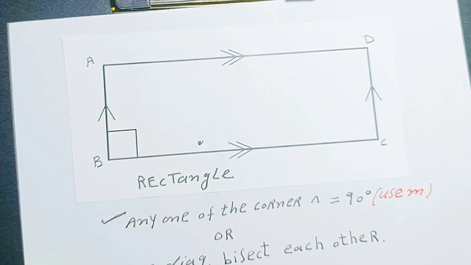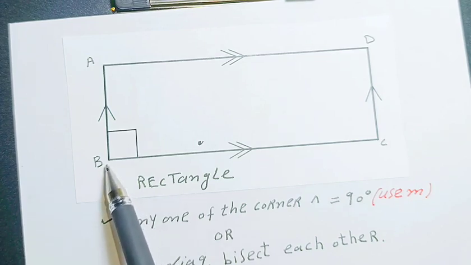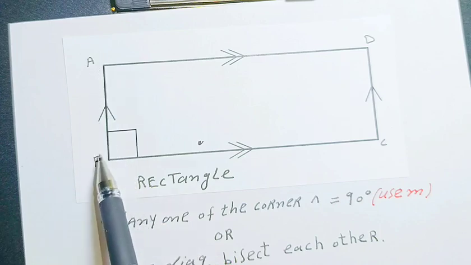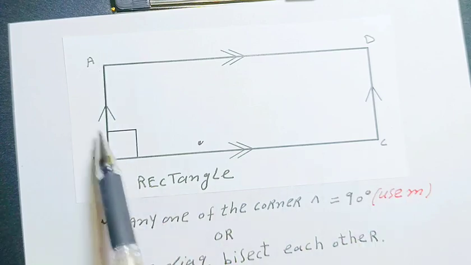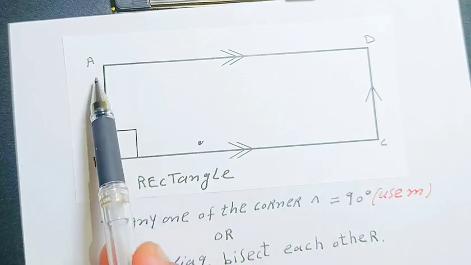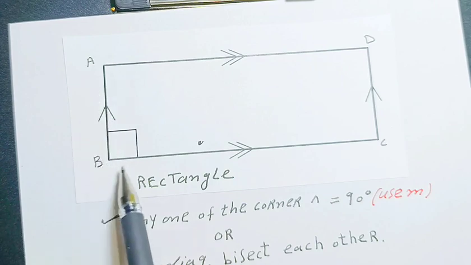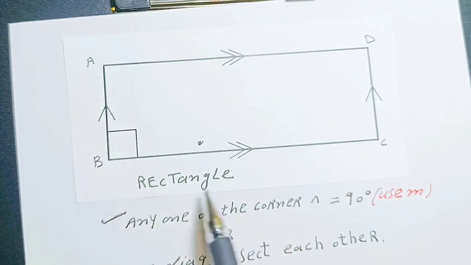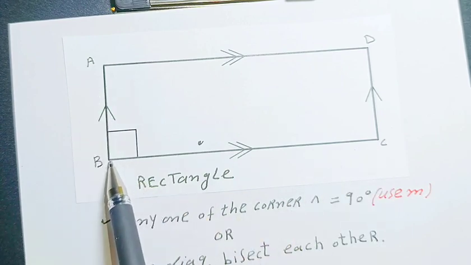Two sides that meet to create an angle are called adjacent sides. They have a common vertex. So this is the common vertex here, and AB and BC are the adjacent sides. Look here, AB and BC, they are the adjacent sides, and this is the common vertex.